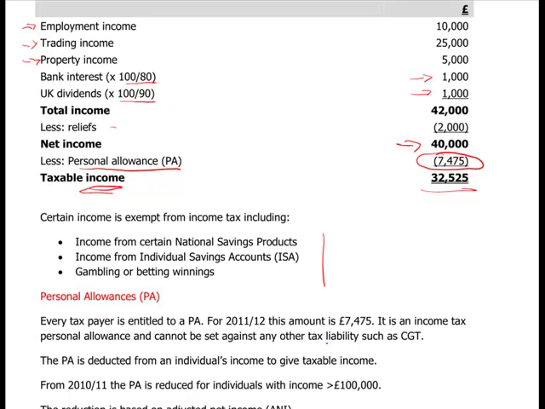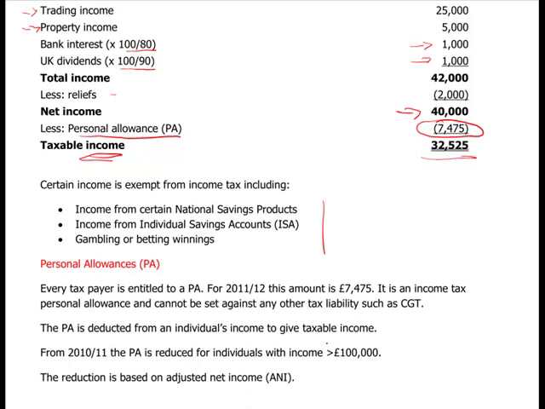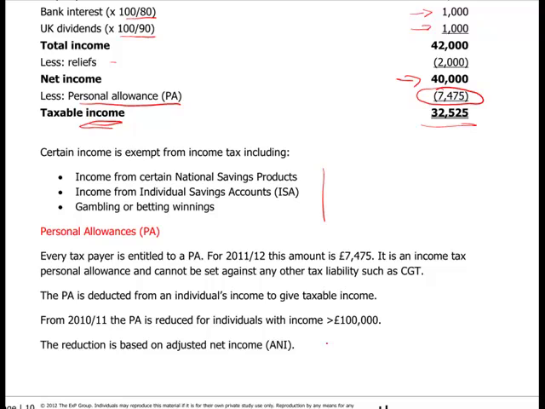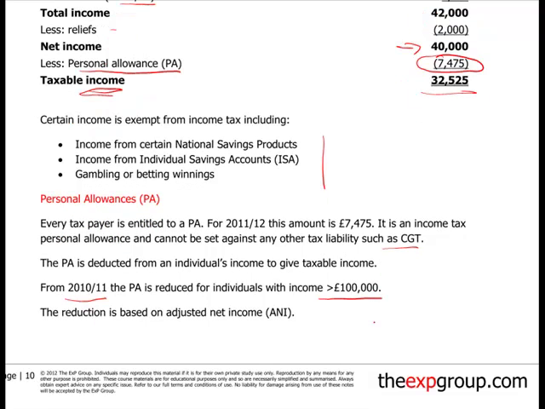Personal allowance, everybody's entitled to that, but you cannot set it against any other liabilities such as CGT, capital gains tax. Personal allowance is deducted from an individual's income to give taxable income. From 2010-11, there was an introduction of legislation where if you earned more than 100,000, then your personal allowance was reduced by something called ANI, adjusted net income.